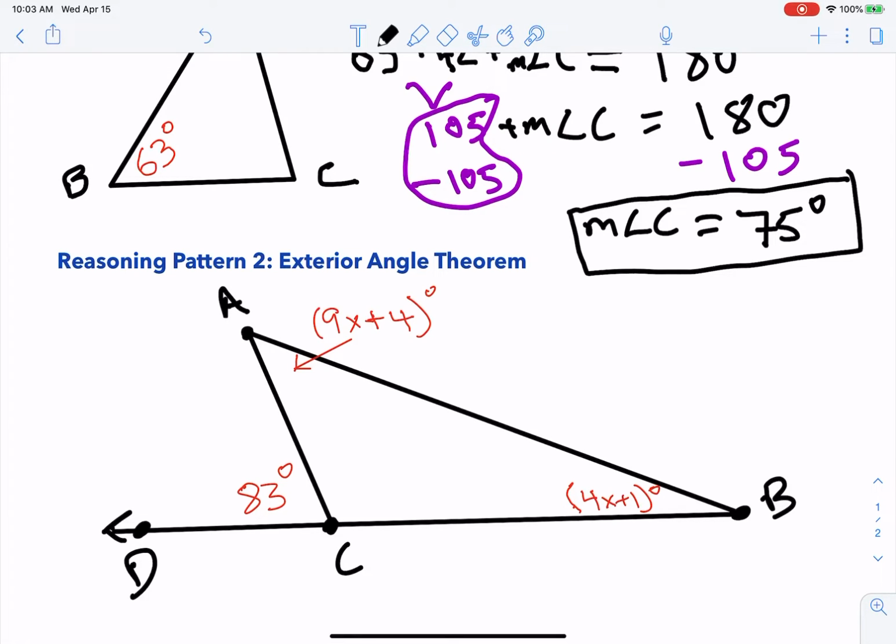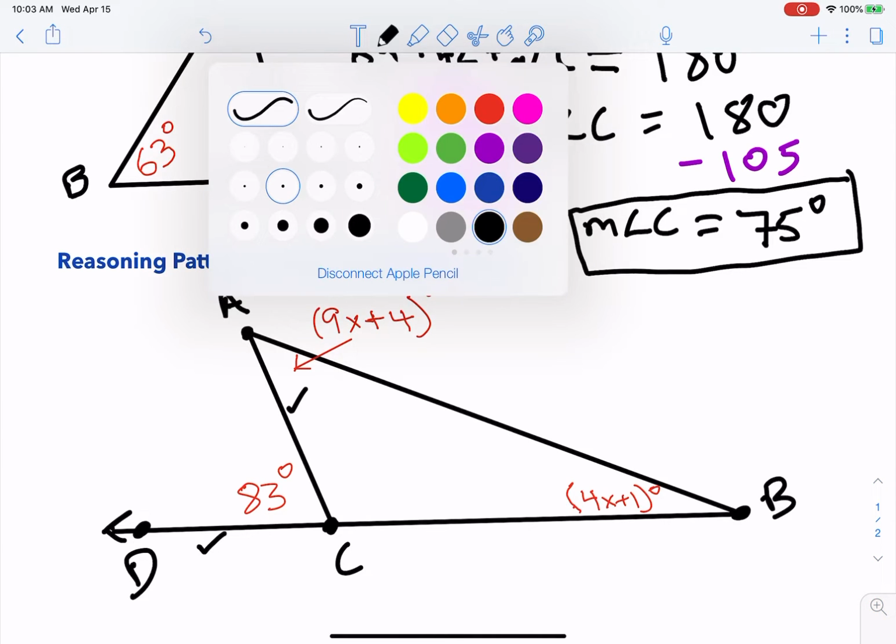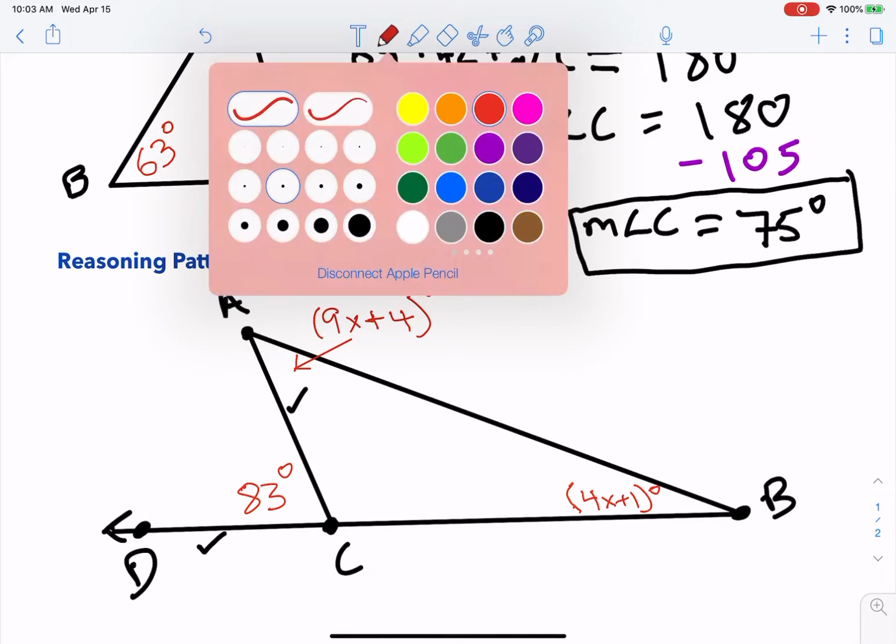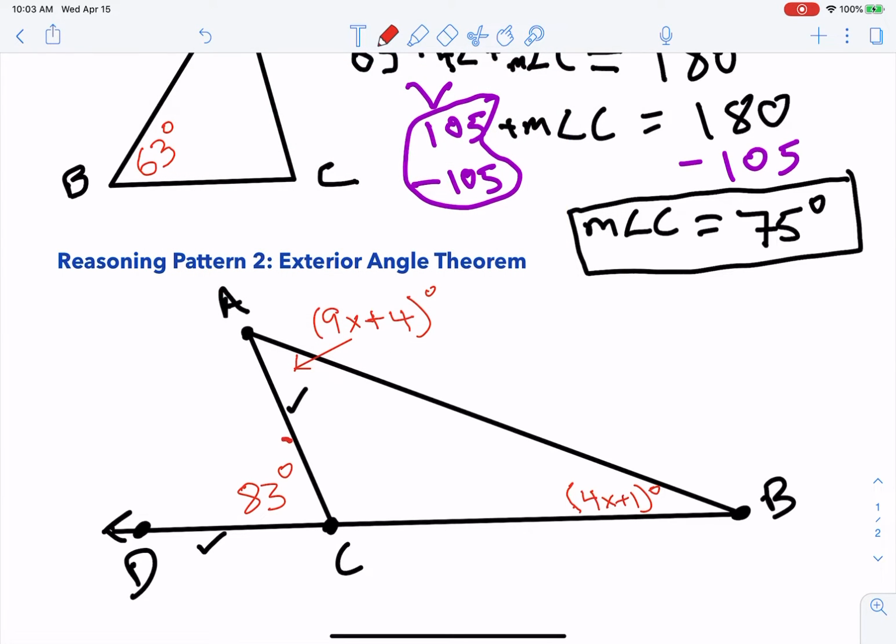And we have this line segment AC, and this ray CD together mark out what's called an exterior angle of this triangle, and we're going to name that angle ACD. Angle ACD is exterior to triangle ABC.